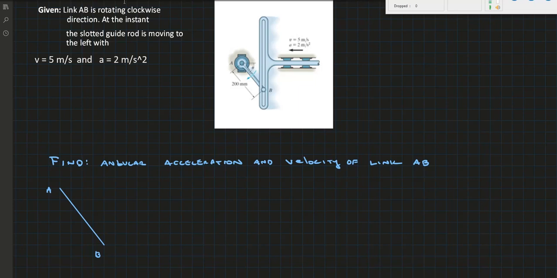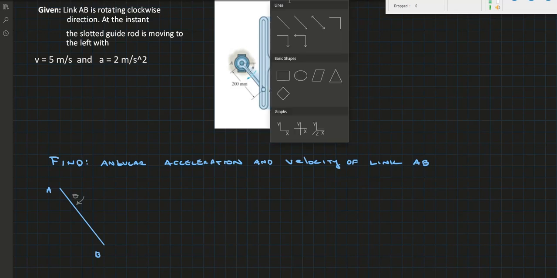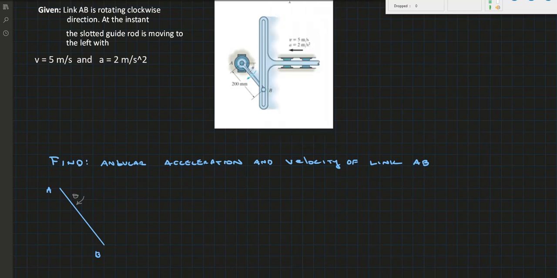and we have the rotation theta, and in this direction I'm going to define the line of action of our motion. So call that x.